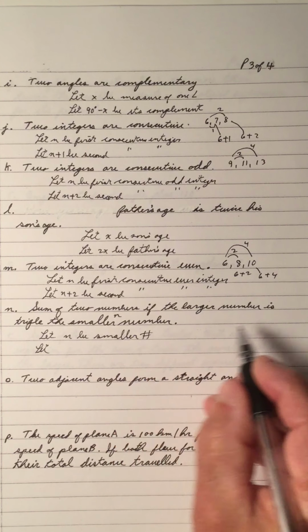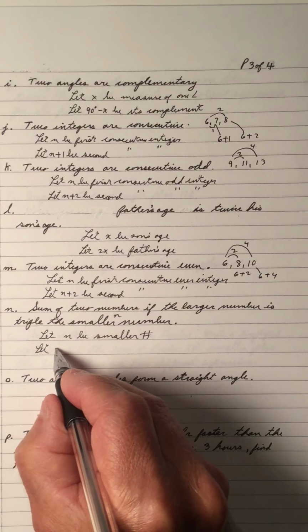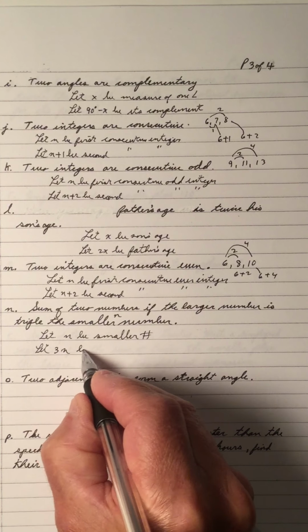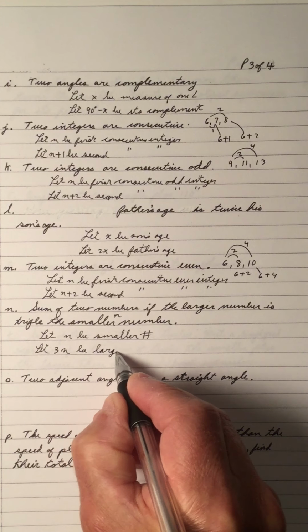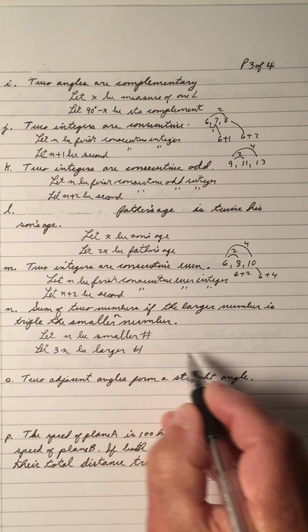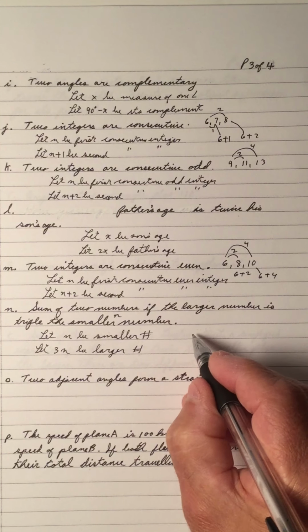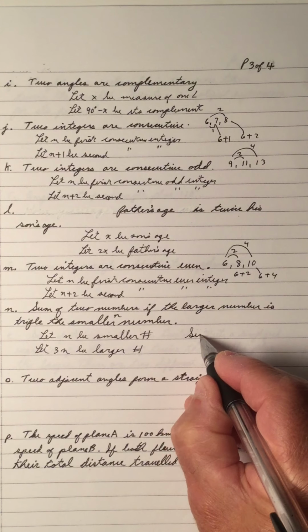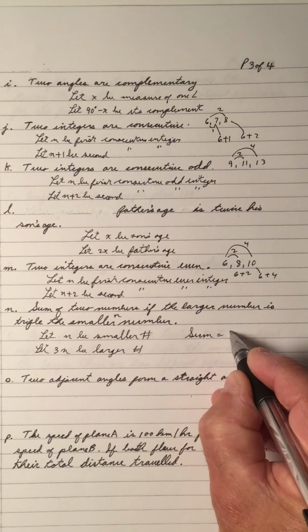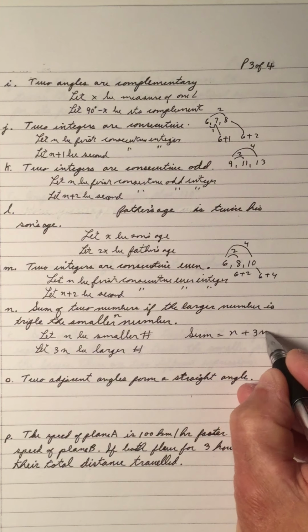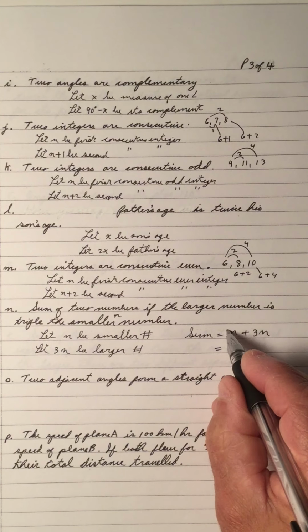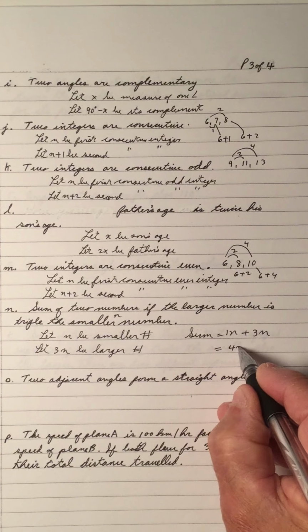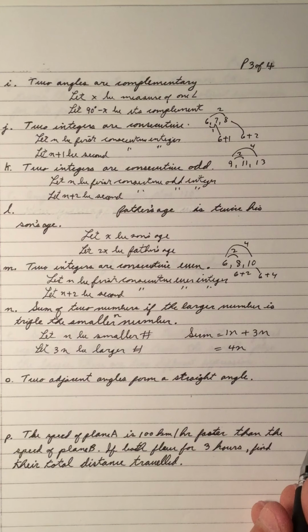The larger number is triple the smaller, so let 3n be the larger number. The sum of the two numbers means you're going to add them together. So the sum is n plus 3n. That's a 1, and 1 plus 3 is 4. You can add like terms.